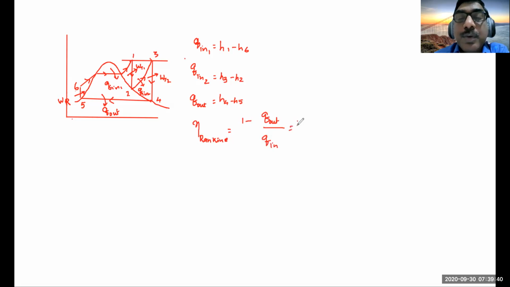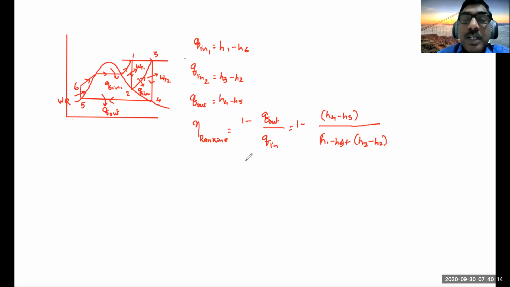So this is equal to 1 minus, what is Q out? H4 minus H5 divided by H1 minus H6 plus H3 minus H2. So this is the Rankine cycle efficiency.